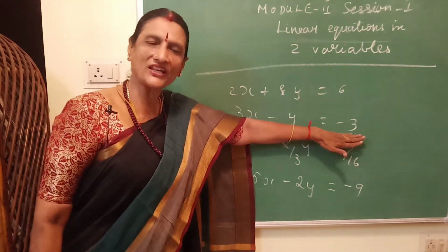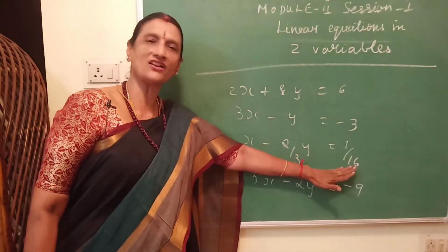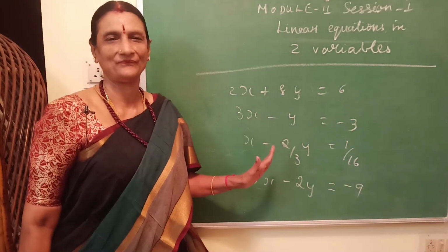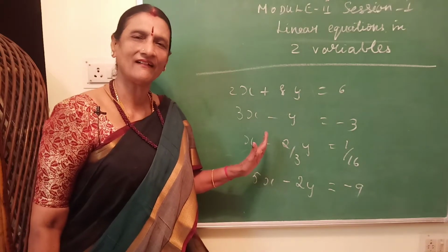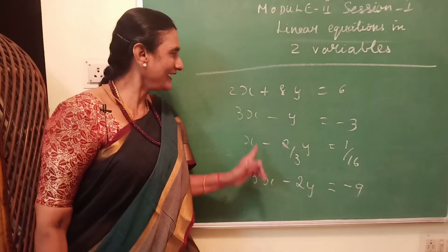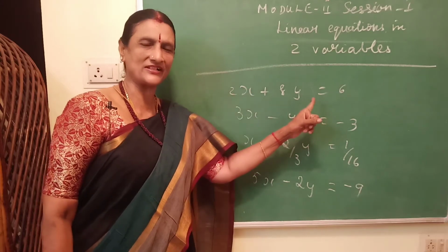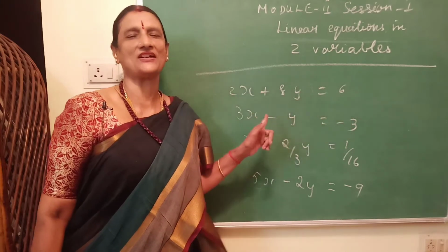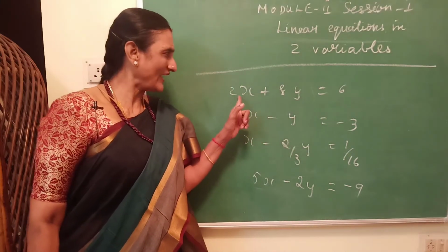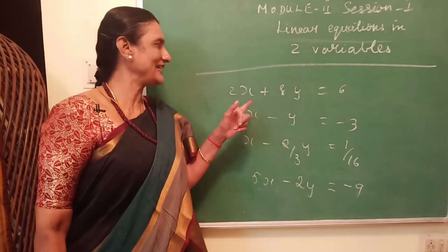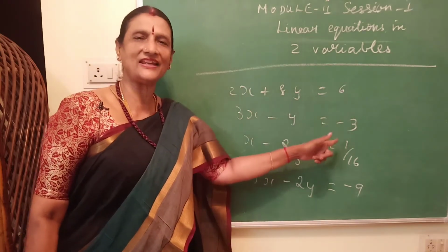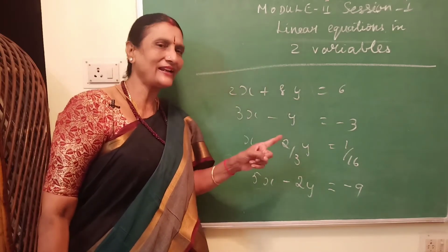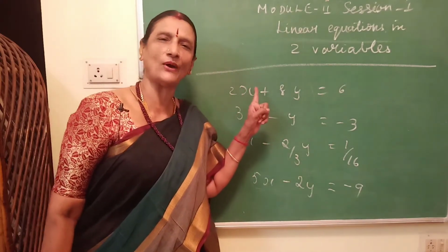The second also gives a representation. Third also gives a representation. Fourth also gives a representation. Are you all convinced with this? It may be anything. Here, when you look at the first equation, 2 is a constant, 8 is a constant, 6 is a constant. Now, when you represent this as 2x plus 8y is equal to 6, that gives a representation I told you. In that representation, can we change the values of 2, 8 and 6?